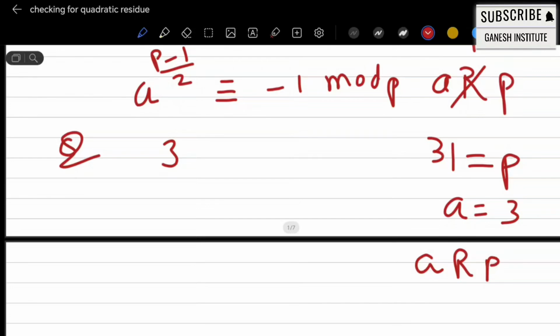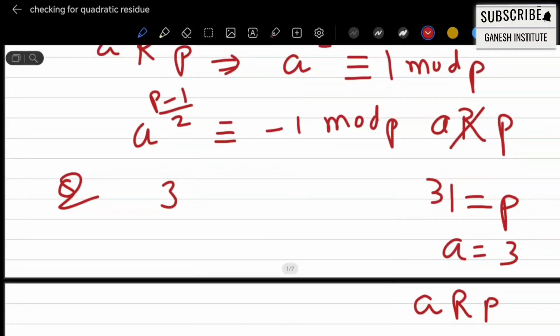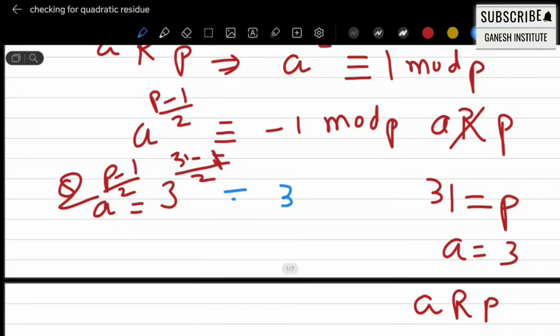So what do you have to do? We have to find the value of a raised to power (p minus 1) by 2. That is 3 raised to power (31 minus 1) by 2, that is 30 by 2, which is 15. So I need to find this modulo 31.